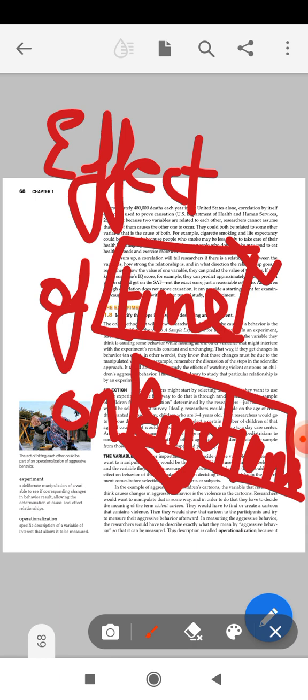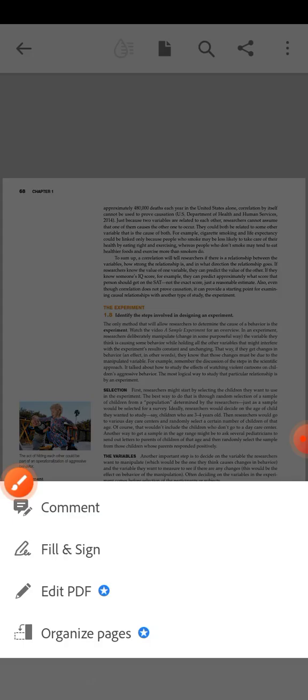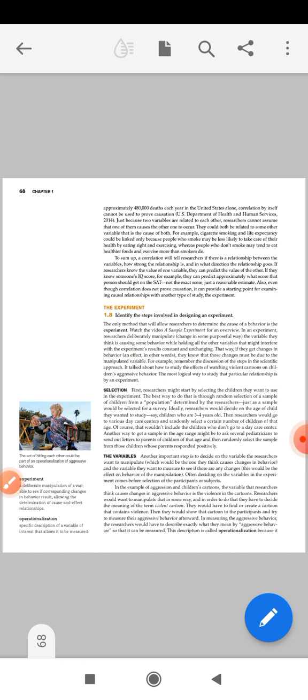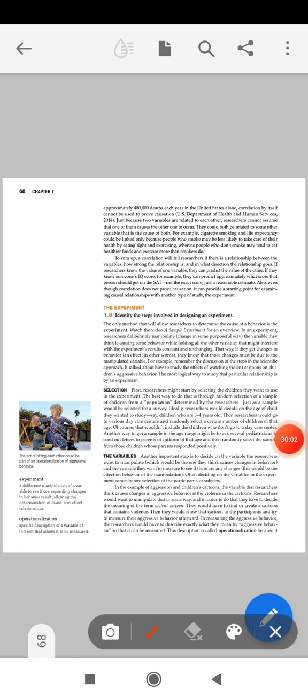Now you have decided your dependent variable and your independent variable, and here you are going to form a test hypothesis. What should be your test hypothesis? It may be that as the time increases, the emotional content also increases.